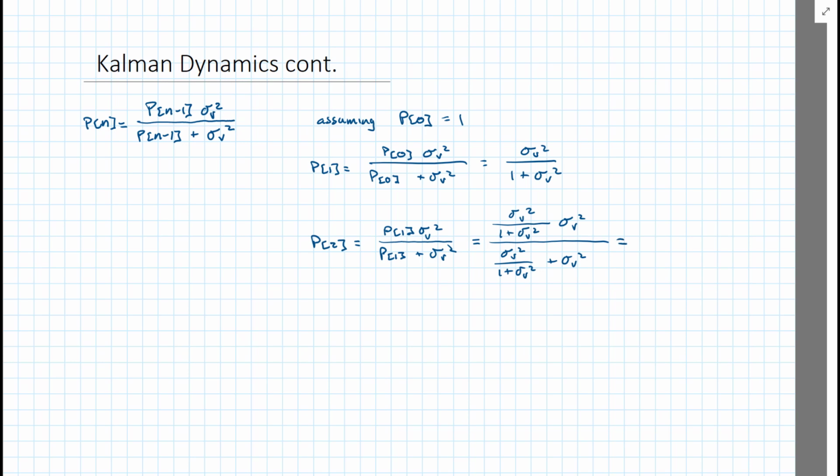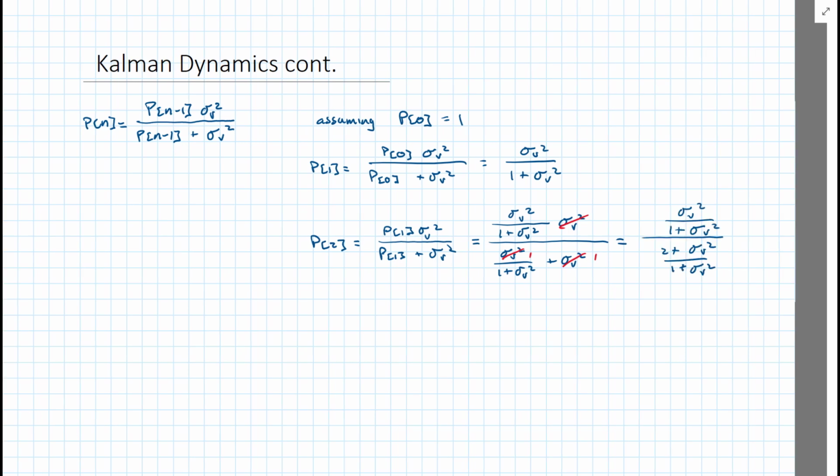Okay, we can divide out sigma v squared from the top and the bottom and multiply by 1 plus sigma v squared on the top and the bottom, and that gives us this quantity, with those disappearing, giving us sigma v squared over 2 plus sigma v squared.